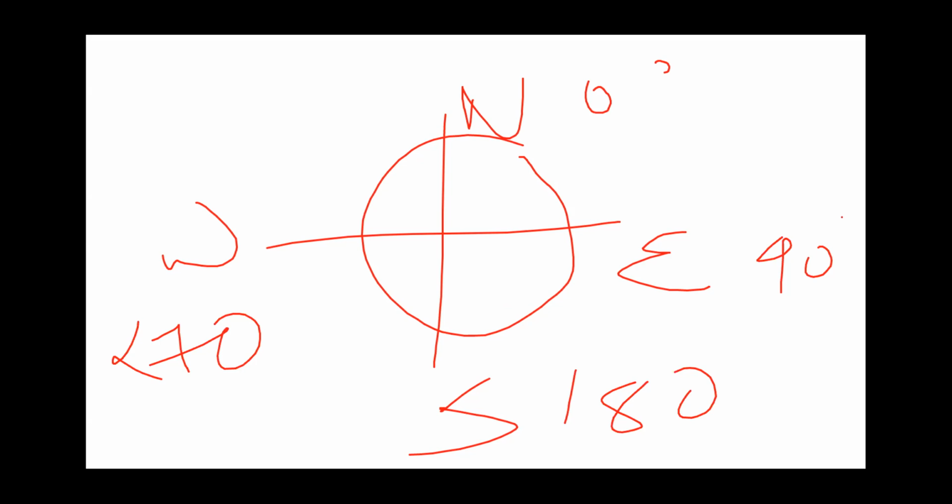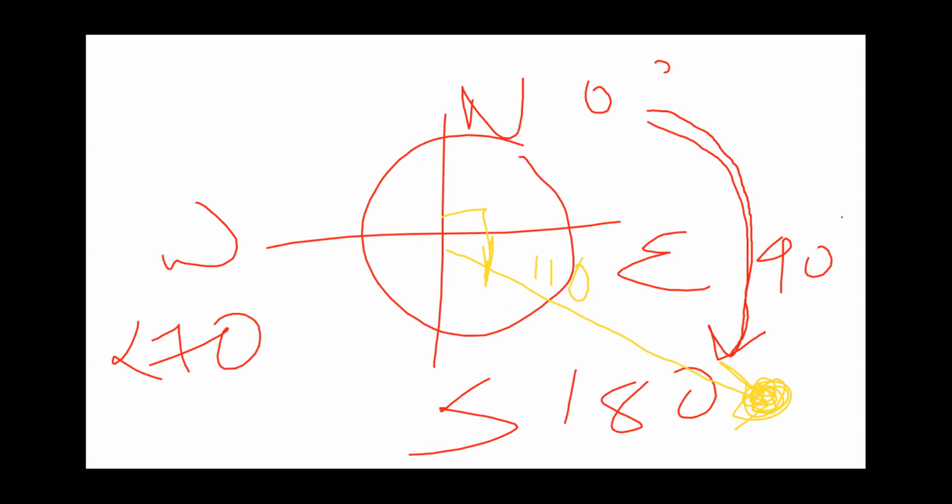Whenever you stand at a point, you see where your north is, and from north you measure clockwise wherever your animal is. Say you are here and you see your animal here. From north your animal is at 90 till here, and let's say this is 20, so your animal is at 110 degrees.